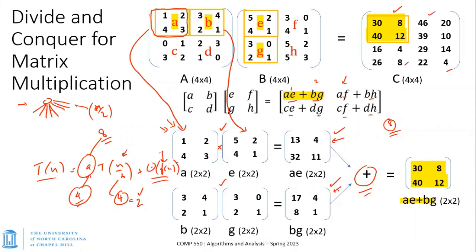Why is that? Because we have to take the two, AE and BG, and combine them together. So what's f of n? What's the complexity of f of n?